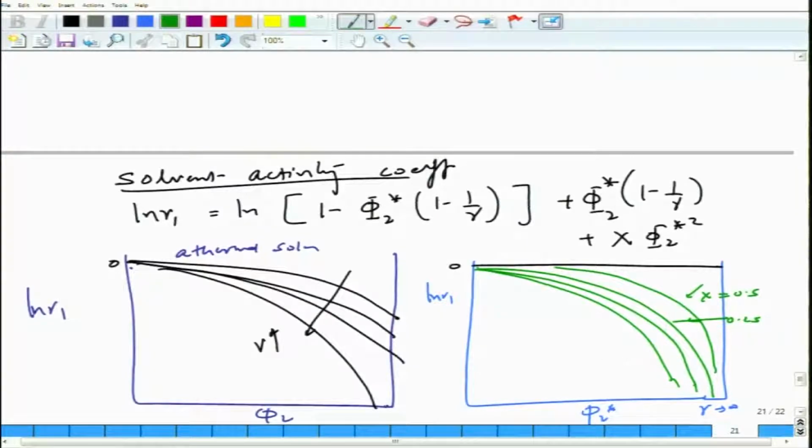So you see it is not changing much as far as the overall nature is concerned, but it is relevant to understand that it has a significant effect on the activity values.